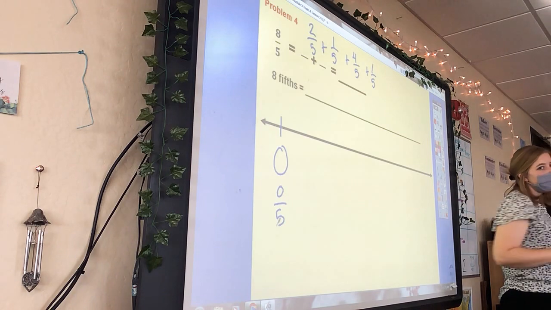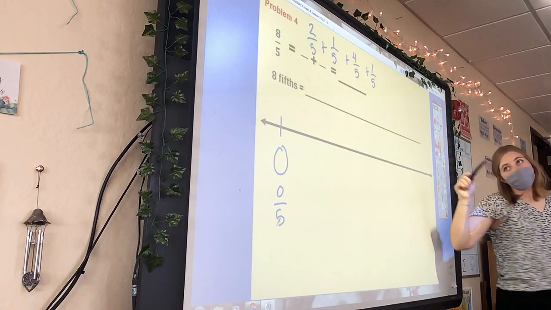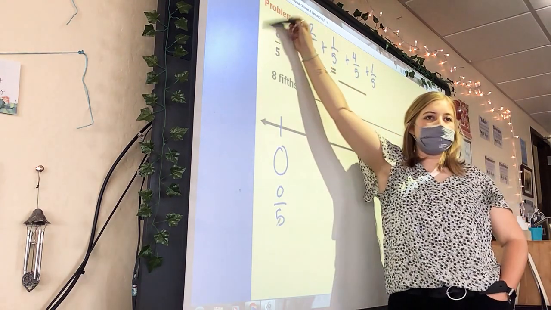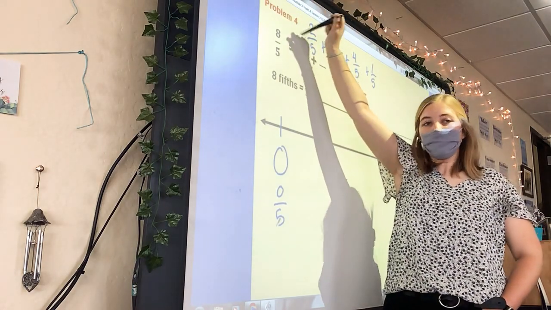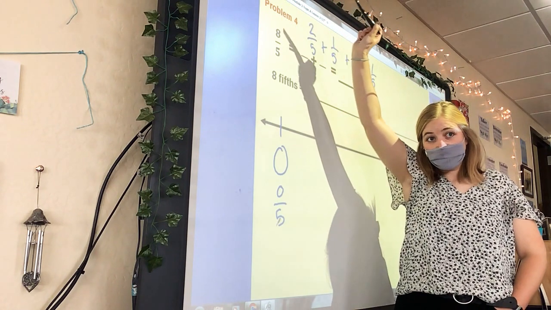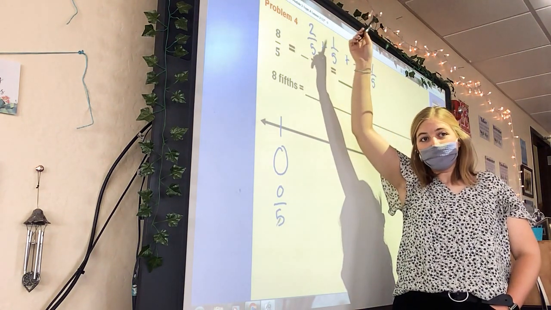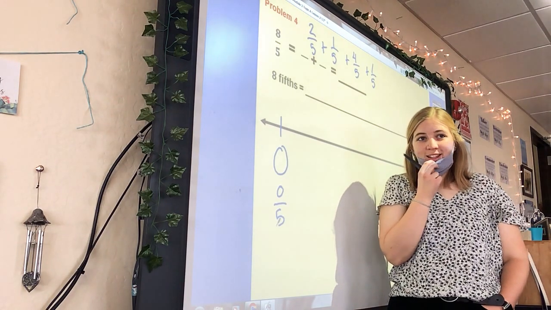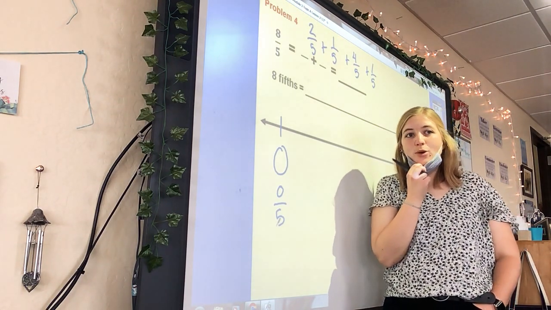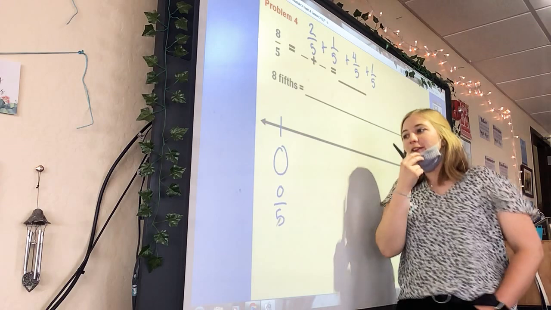Let's see. Leela, what fraction are we working with? What fraction is this? 8/5. Good. What kind of fraction is 8/5? Improper fraction.